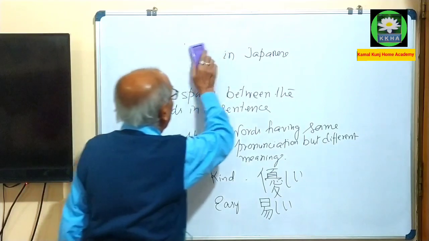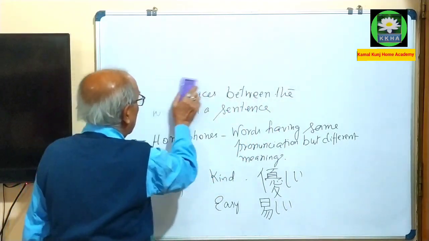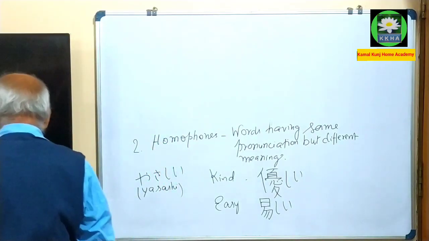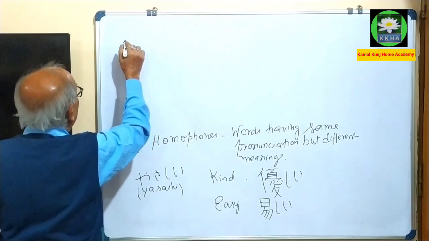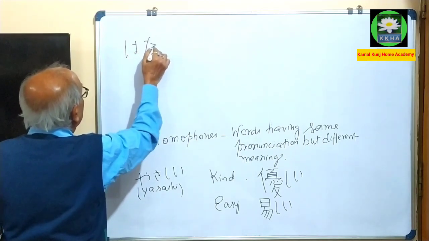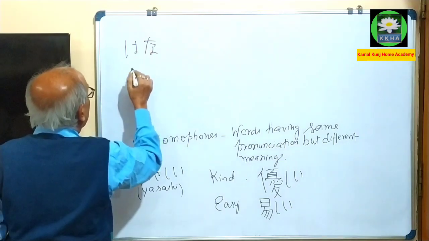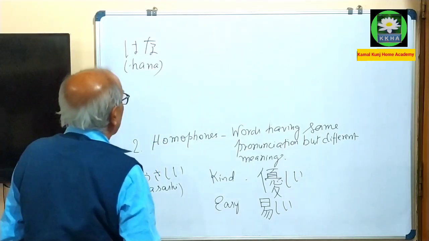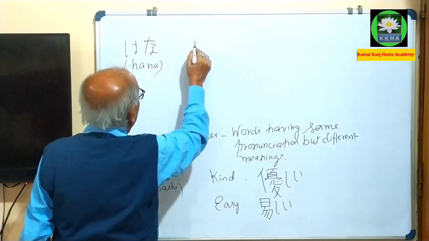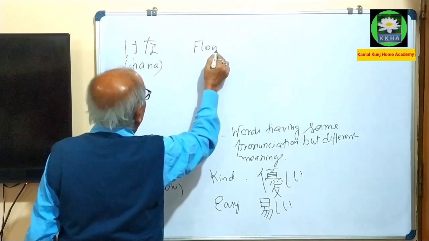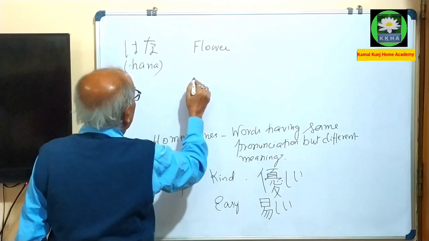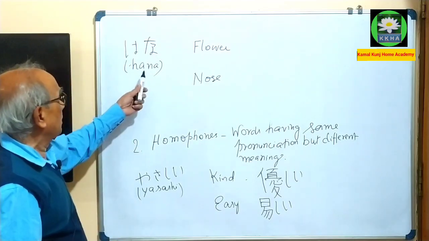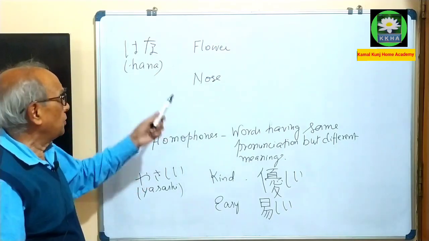Another example is Hana. Hana means one meaning is flower, another meaning is nose. Pronunciation is same. Hana means flower as well as nose. So how to differentiate between these?